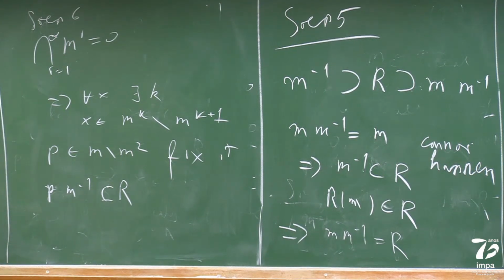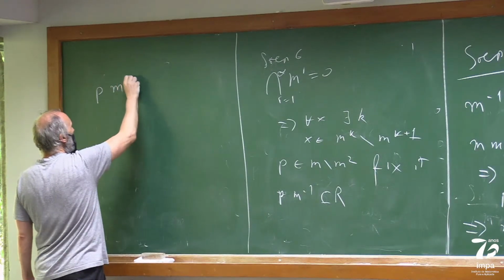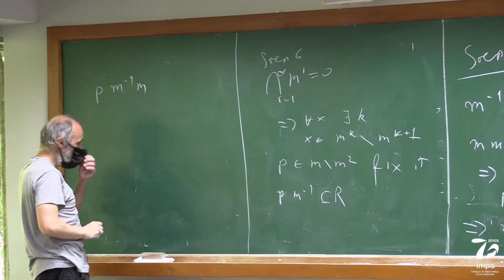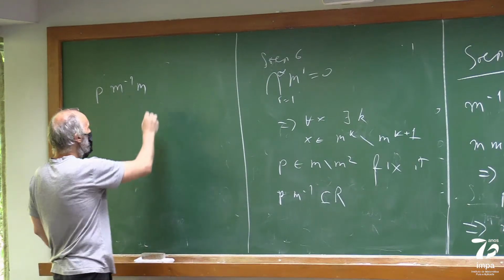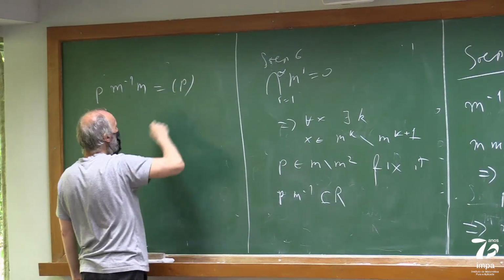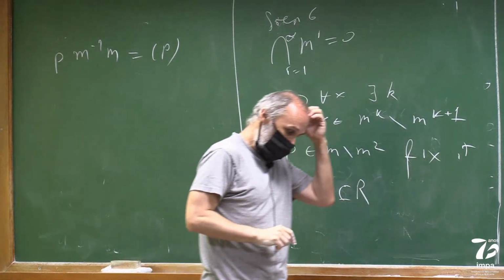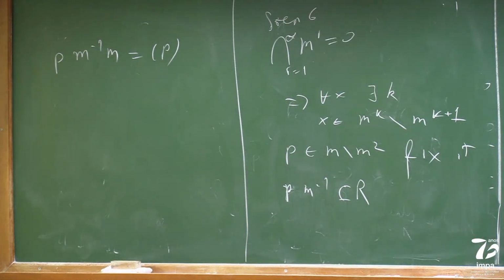So we take p, m^(-1), m. Multiplying these two guys will be R. So this is equal to p. This we know. And then we can multiply it by m^(-1) again.